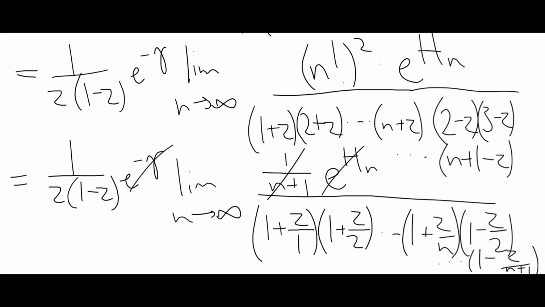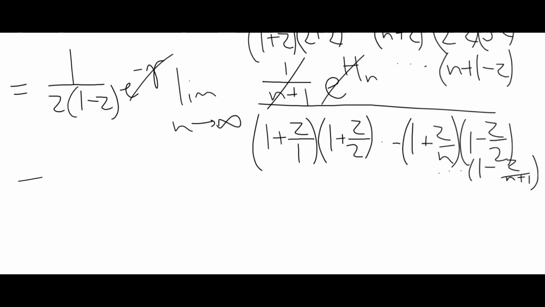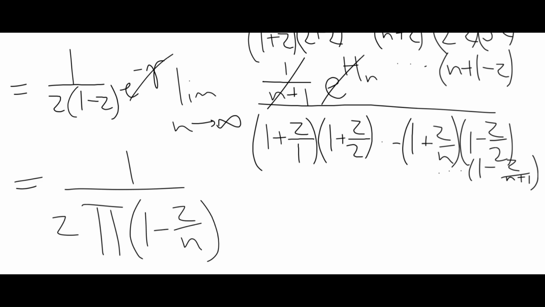So altogether, what we end up with is exactly 1 over the product, well, z times the product of 1 minus z over n over all integers other than 0. But that doesn't quite make sense. It doesn't converge. So again, what we do is we pair up the positive and negative integers.